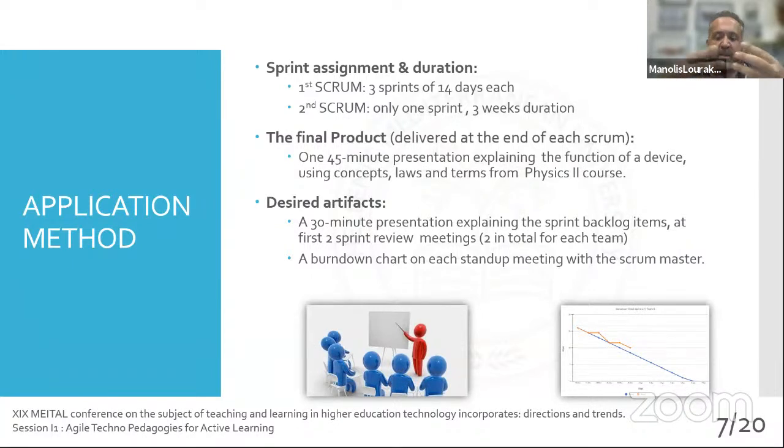We also asked the students to produce a 30-minute presentation for the sprint review after each sprint, explaining how they learned and what they learned from the backlog items during the last sprint. It was also required every day to provide a burndown chart in the stand-up meeting, showing the progress of their work.